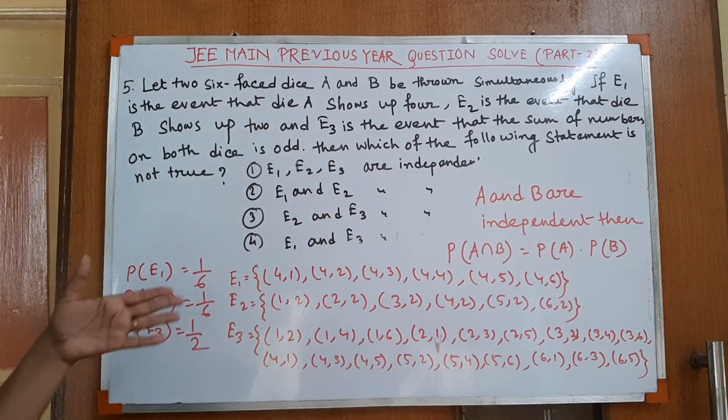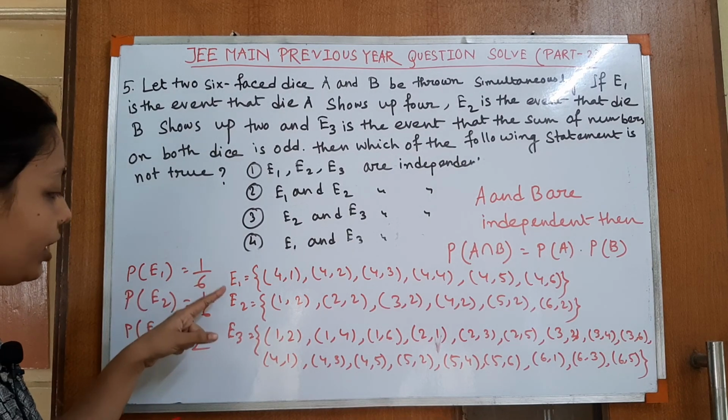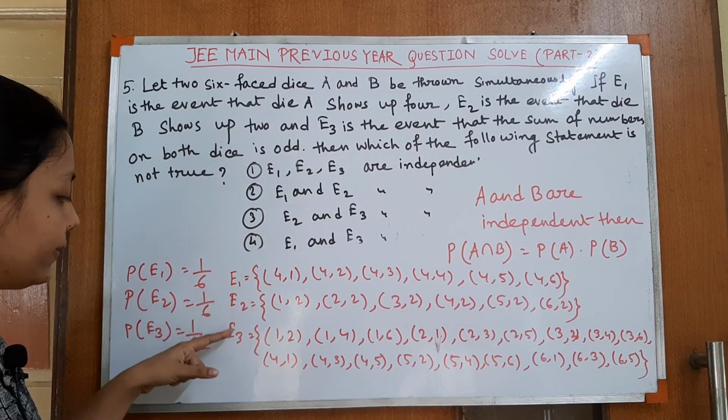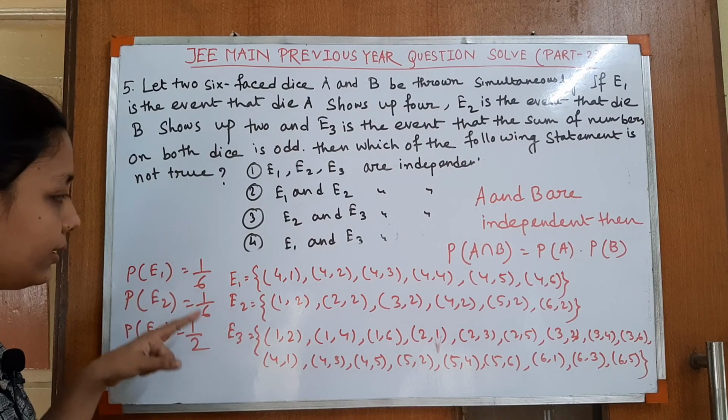Now we have to find E1 intersection E2, E2 intersection E3 and E1 intersection E3.